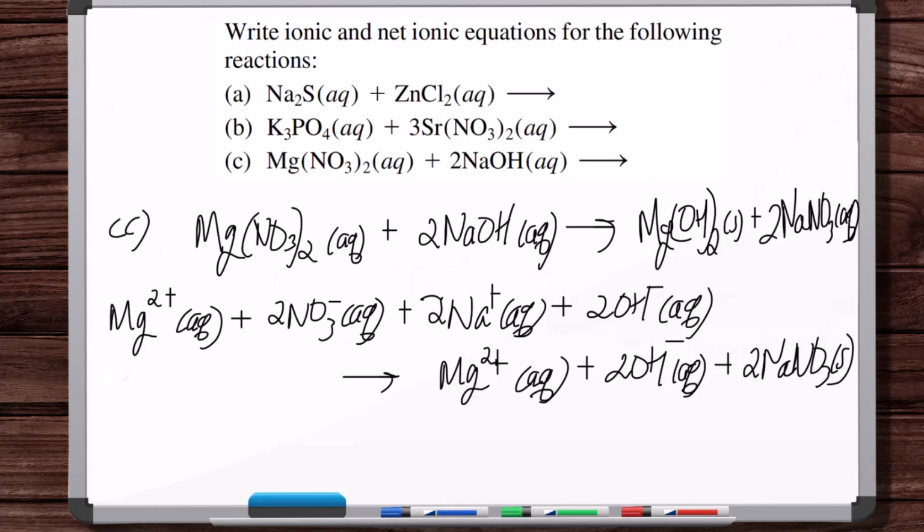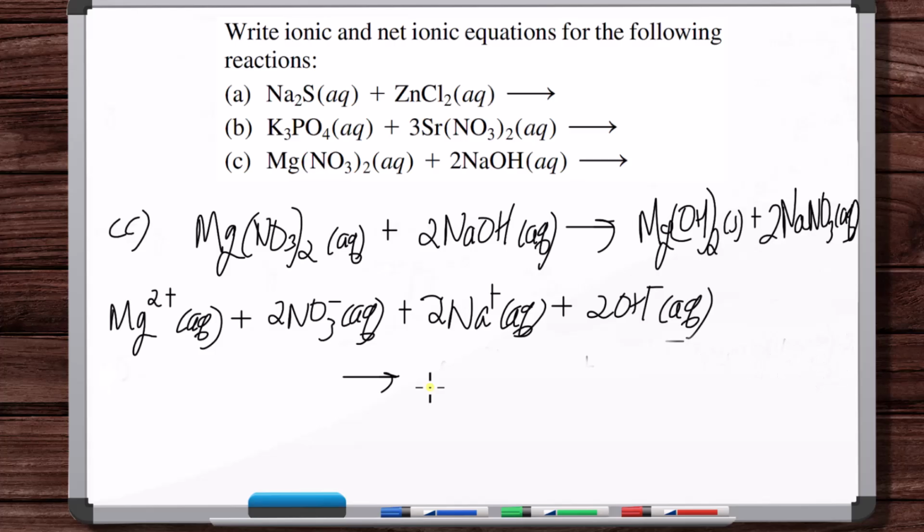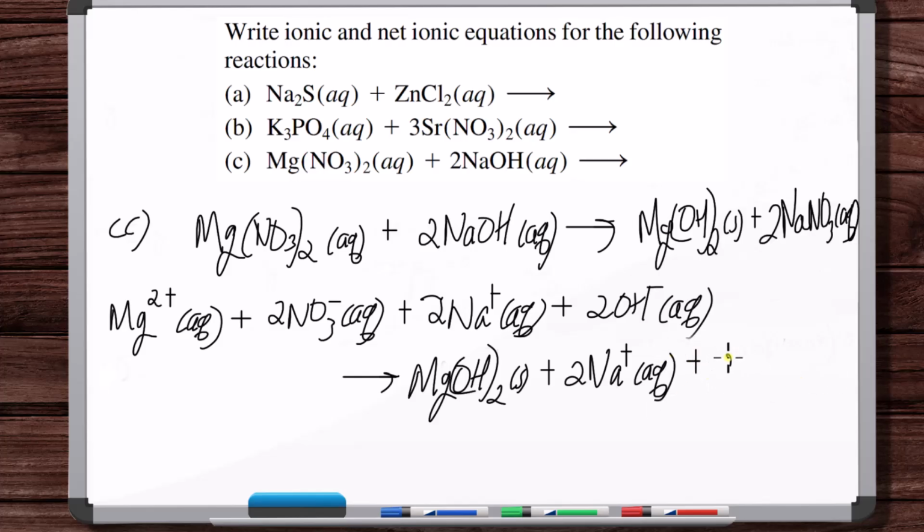Or no. We do. So this doesn't break up. And 2. Okay, there's the ionic equation. Now let's cancel the spectator ions, and we're left with the net ionic equation.